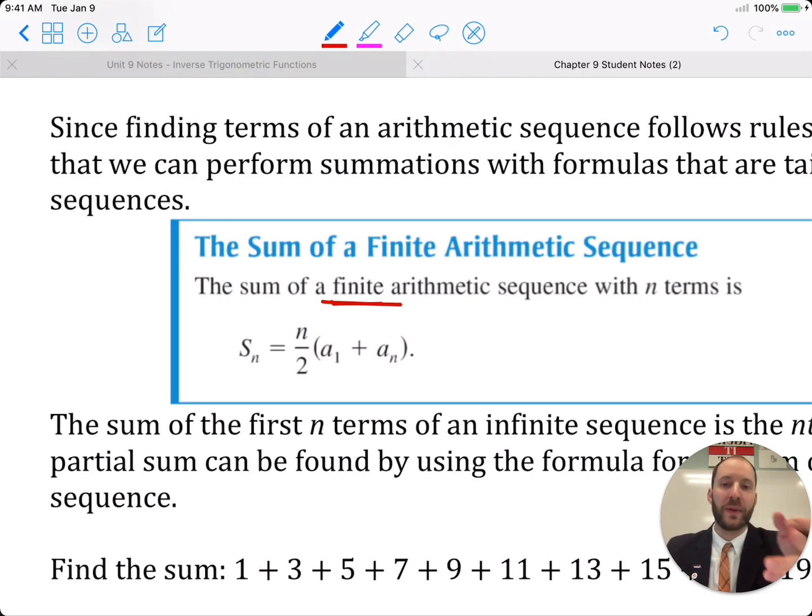So only a sum of finite arithmetic sequences. S sub n is n over 2, the number of terms you're adding up divided by 2 times your first term plus your nth term. Now, like I said in the previous section, your first term may not always be 1.